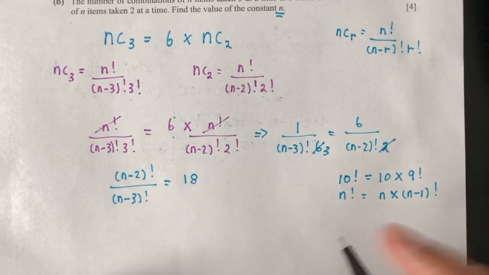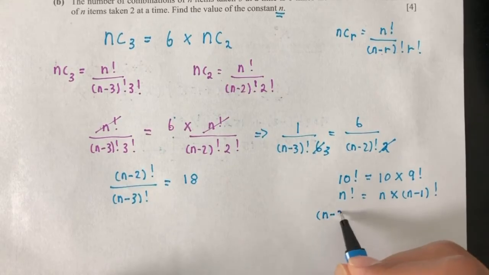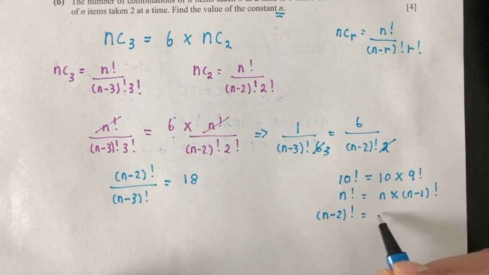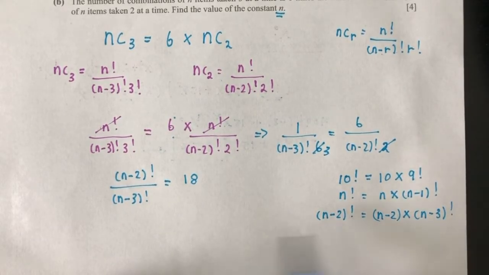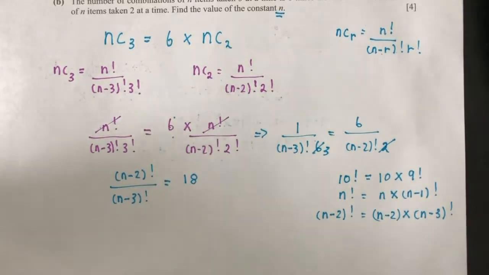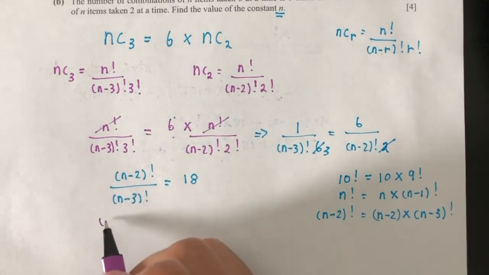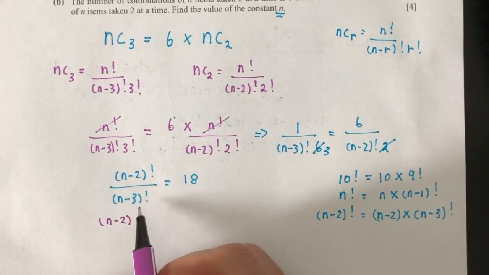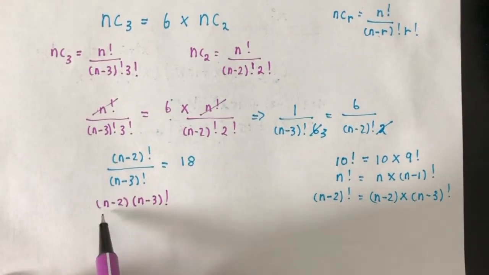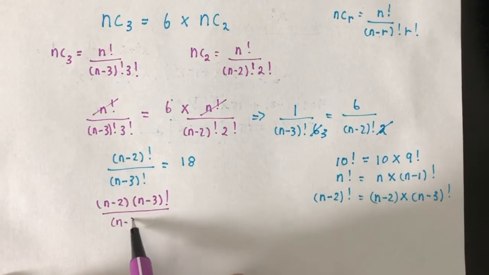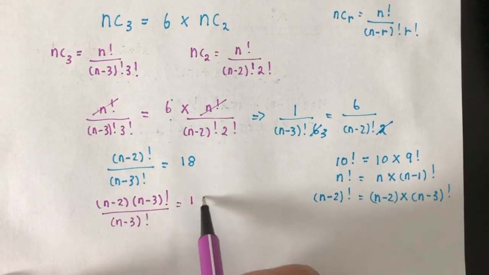So same thing here, if you write down n minus 2 factorial, it is equal to n minus 2 times n minus 3 factorial. So same way, replace here, you will have on top n minus 2 times n minus 3 factorial over n minus 3 factorial equal to 18.